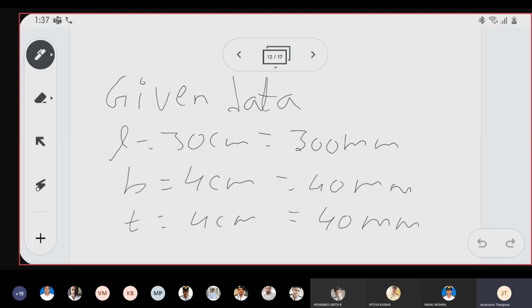Similarly, thickness, or depth, you can mention D or T, is 4 centimeter, which is 40 mm.